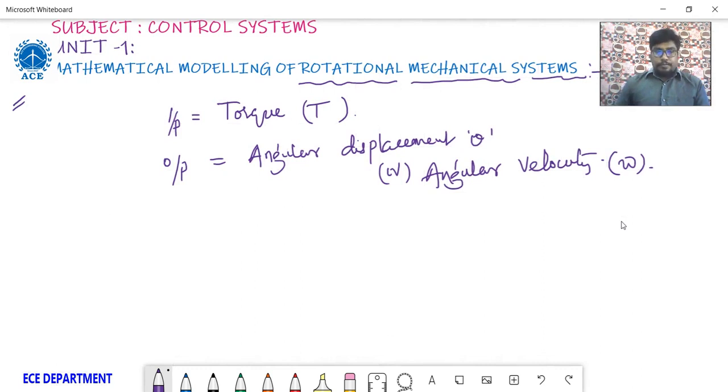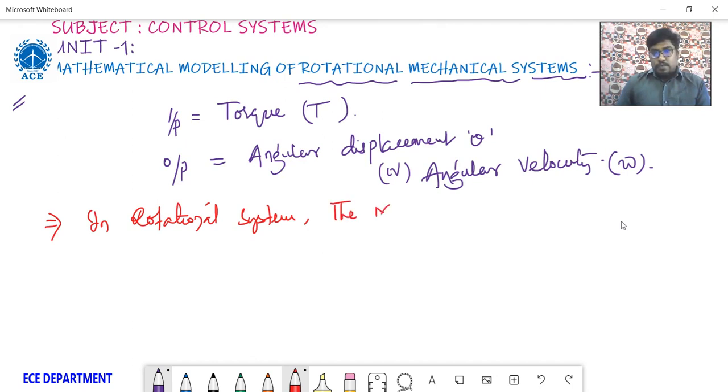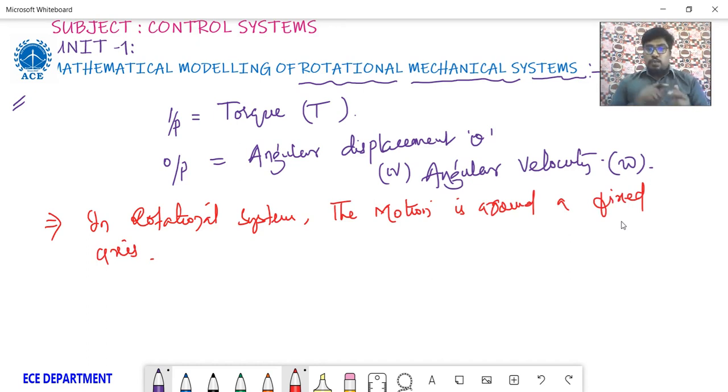See here, in a rotational system the motion will be around a fixed axis, but in a translational mechanical system the motion will be in a straight line.